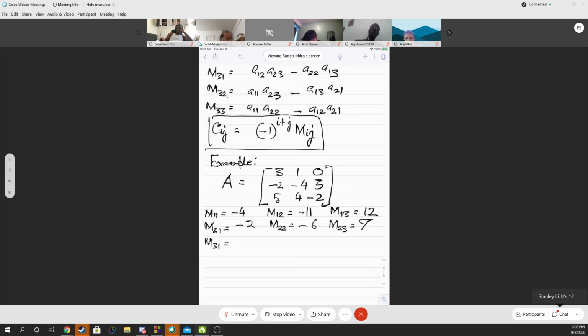There is a problem with M23, somebody is saying. This goes away, this goes away. 12 minus 5. Yes, 12 minus 5. Okay, M31. This goes away, this goes away.